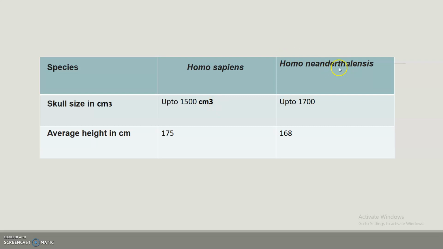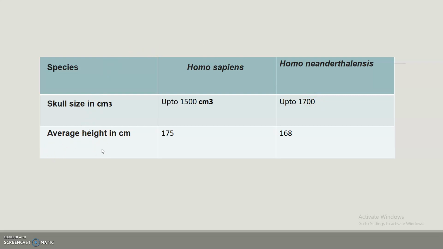But Homo neanderthalensis, we have discussed it, right? When I showed you the fossil of Neanderthal man, their skulls were bigger, right? In the case of Homo sapiens, it was only up to 1500, but Homo neanderthalensis is bigger, up to 1700. And what about average height?